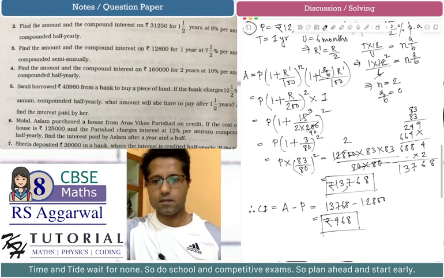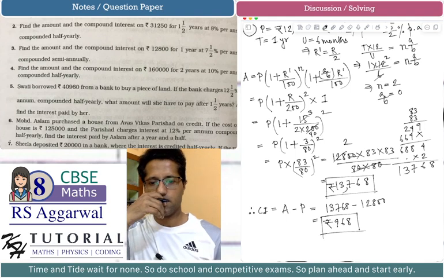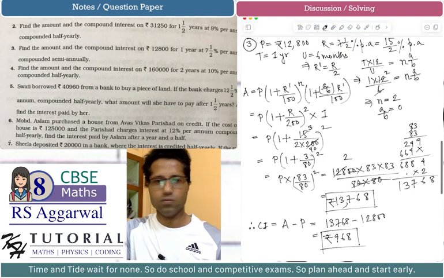Hmm, 15 by 200, 15 by 2, R by 2, and R is 15 by 2.